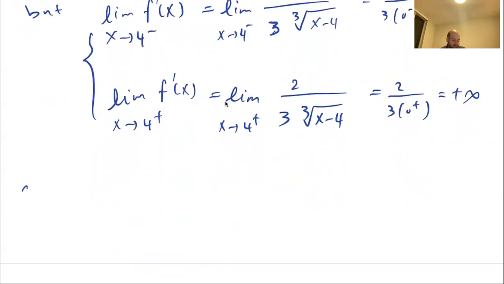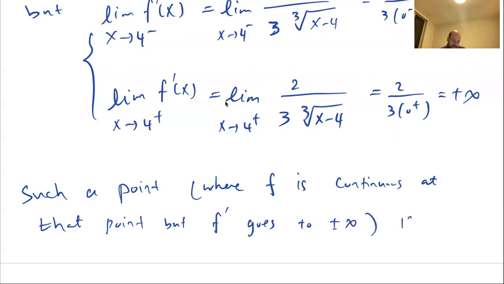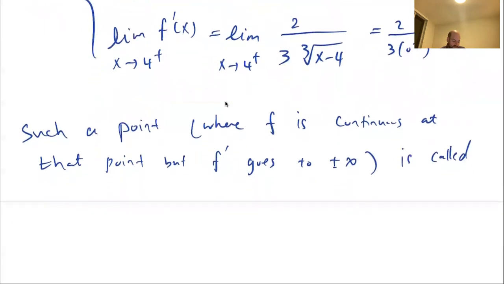Such a point where f is continuous at that point, but f prime goes to plus minus infinity, is called cusp.